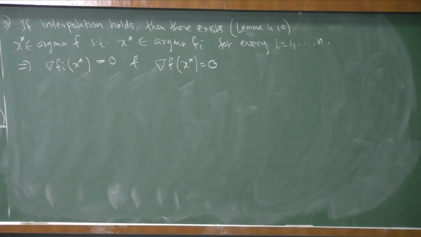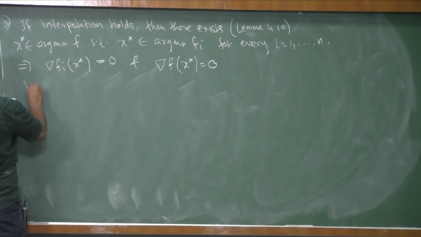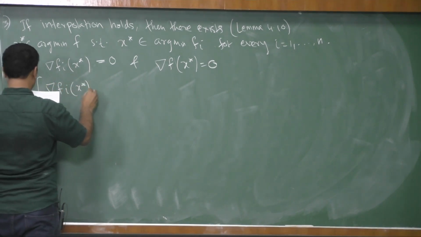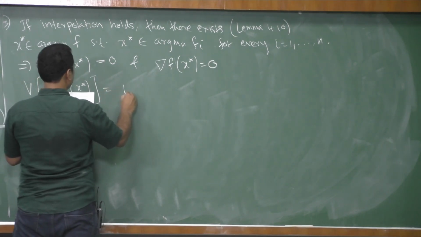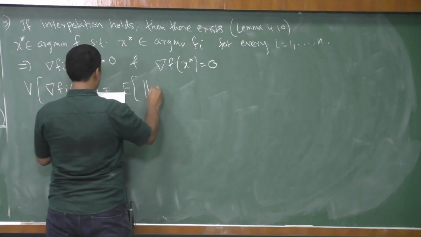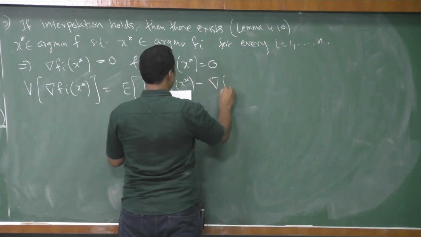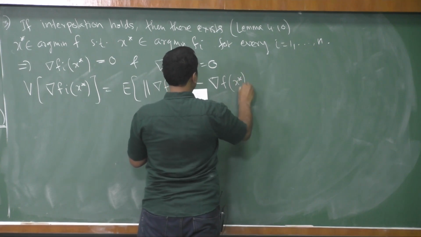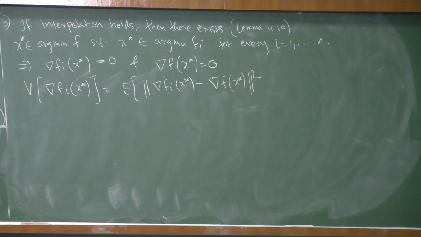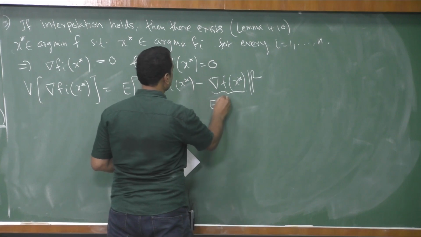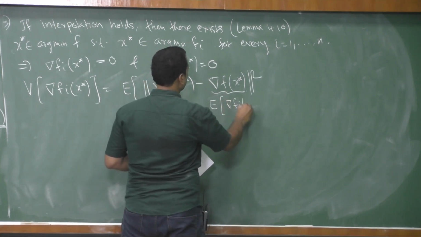So now what about the variance? The variance obviously will be 0 only, right? So the variance of grad fi at x star is defined to be the expectation of the gradient of fi at x star minus the gradient of f at x star, squared. The way we defined it, we wrote it in one line, which was nothing but the expectation of grad of fi at x star.